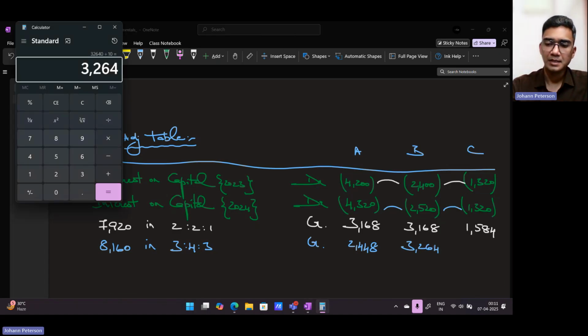And the last 8160 into 3 divided by 10, 2448.